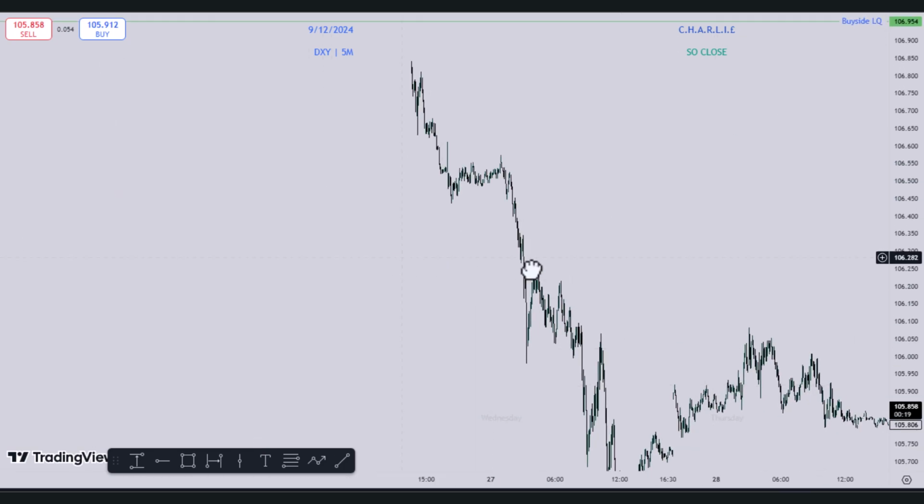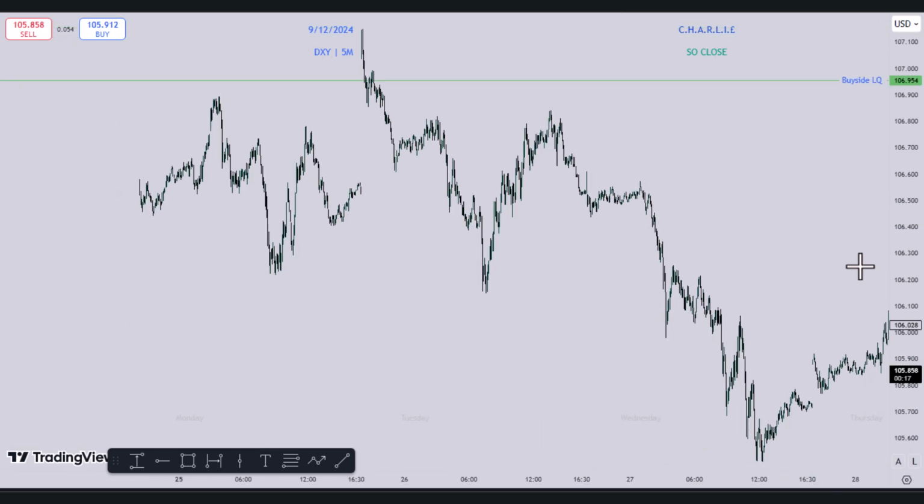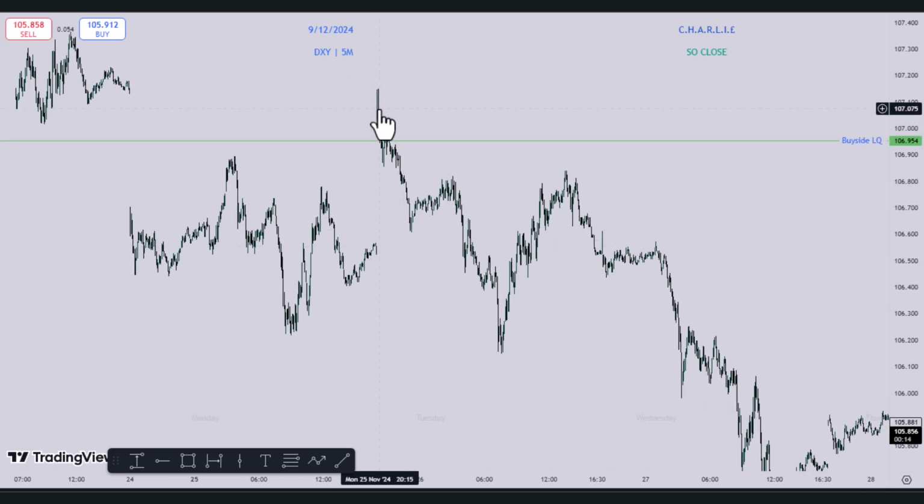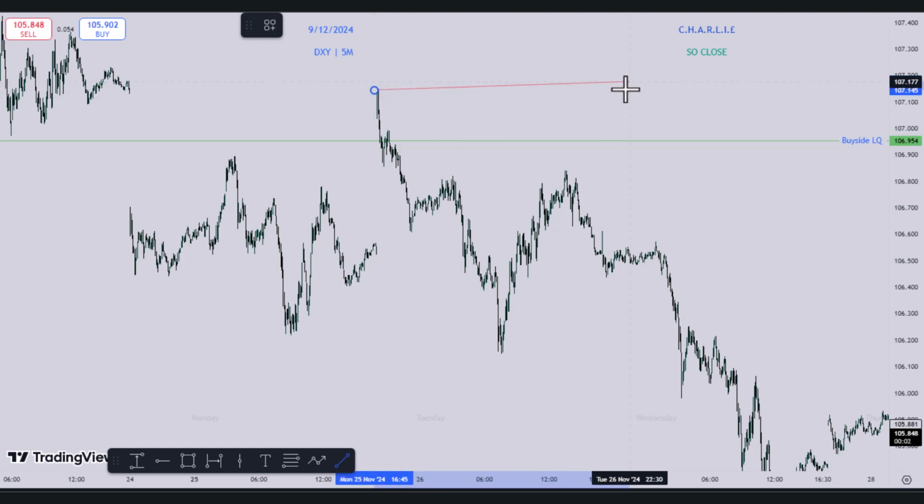Then we can also have a look at the bearish trend. This is the initial high, then the previous high didn't take out this, so we have a lower high. A lower high. This is our initial high.